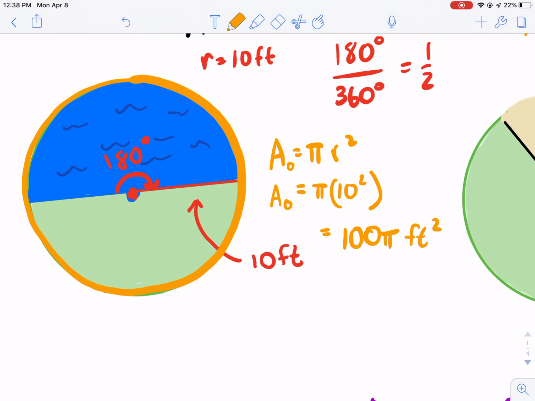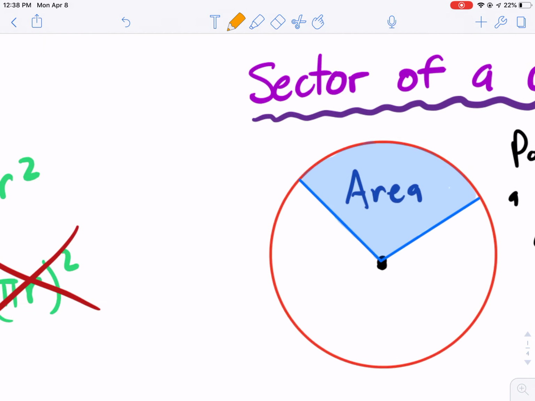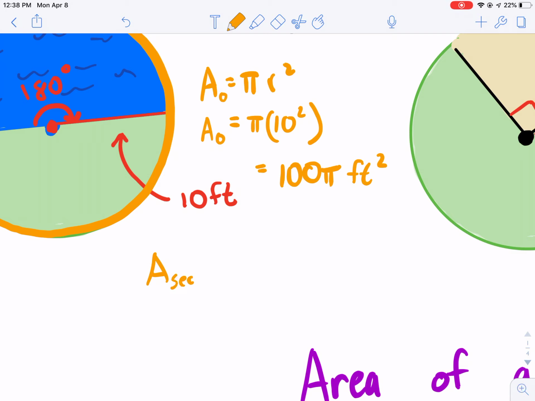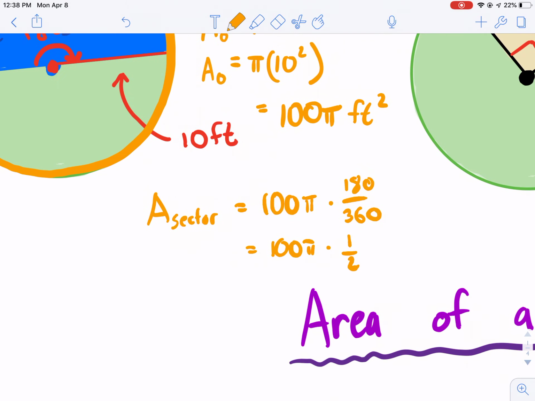So we say area of the sector, because that's what these shapes are, is equal to 100 pi times 1/2. Actually, let me backtrack. I'm going to put it in terms of 180 divided by 360 first, and you're going to see why I'm doing that when we get to the formula. So 100 pi times 1/2 gives us 50 pi feet squared.